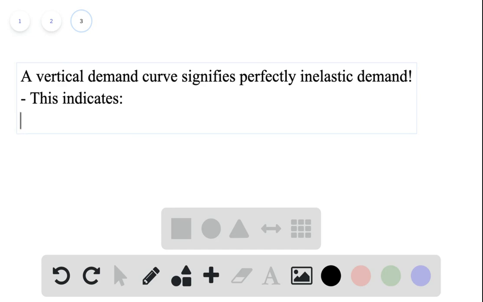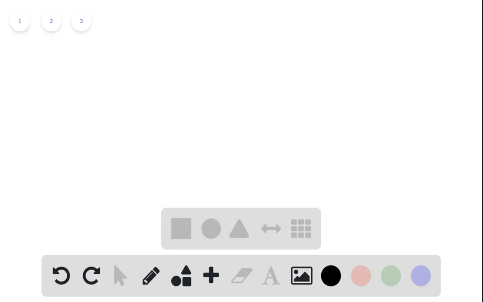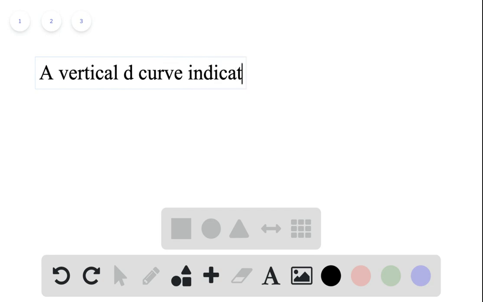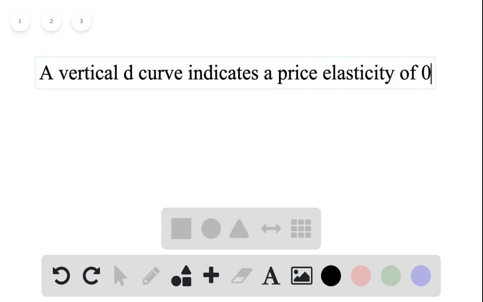A vertical demand curve signifies perfectly inelastic demand, which indicates a price elasticity of 0 at every point on the curve.